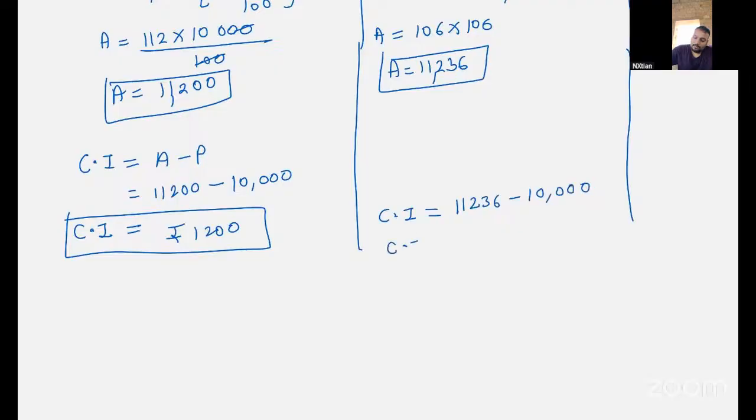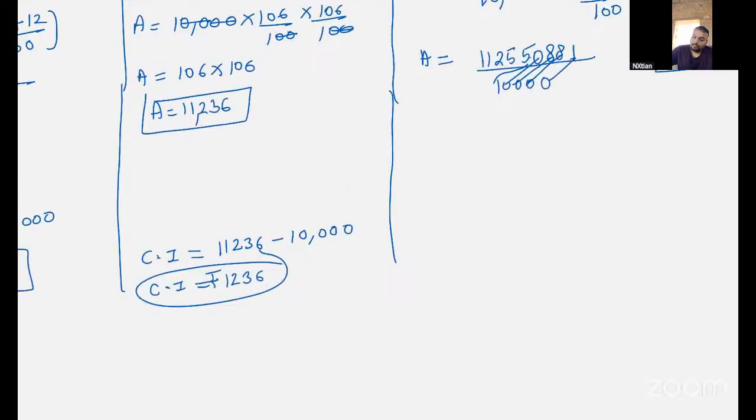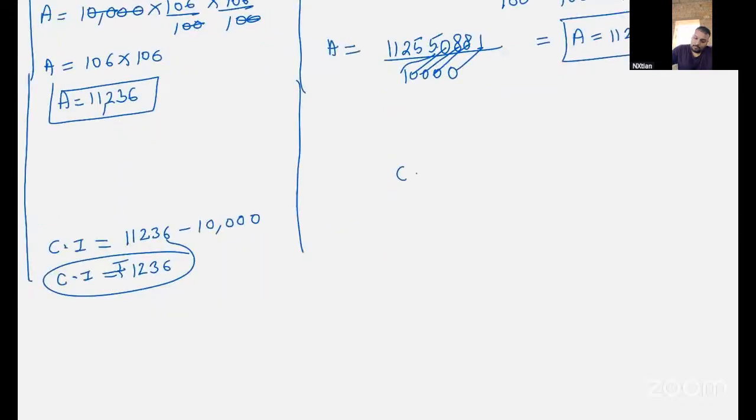I will get the compound interest as 1,236 rupees. And the third one, CI will be 11255. I'm not considering 08 just for easy calculation. And that will be 10,000. So CI got 1125. Am I wrong?